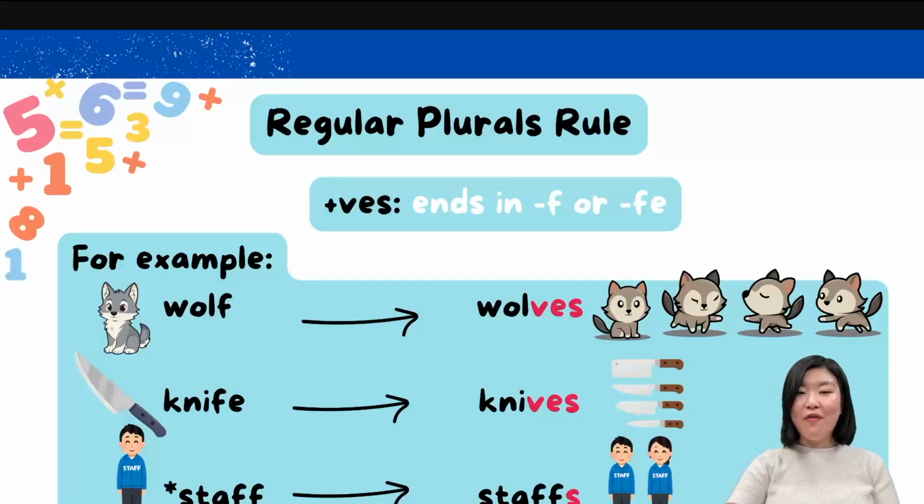Wolf ends with f, so you take away the f and add ves, which is pronounced as wolves. Knife ends with fe, so you take away the fe and add ves, which is pronounced as knives. But there are some exceptions. Staff ends with f, but you just add s, so you pronounce it as staffs.